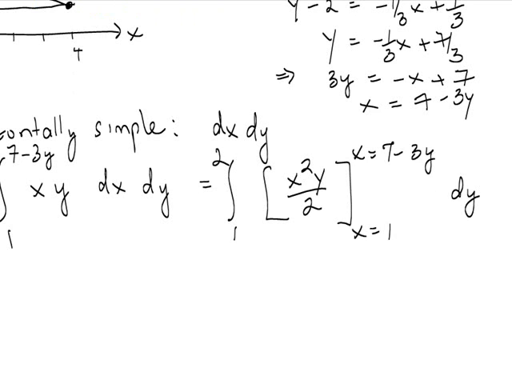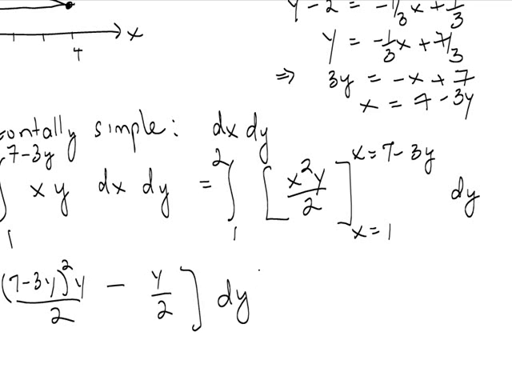Substitute. Put 7 minus 3y first. Sorry, making an error here. We are substituting for x, right? So that would be (7 minus 3y) squared y over 2 minus, substitute for 1 now, y over 2 dy.